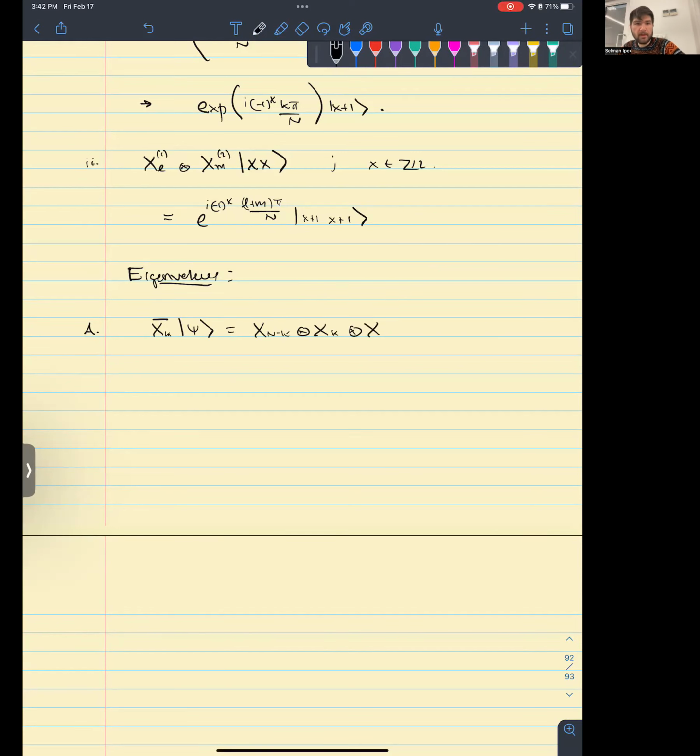I'm dropping the qubit superscripts just to keep things simple, but left to right are qubits 1, 2, and 3. Acting on 1 over square root of 2, (0,0,nu plus 1,1,...).